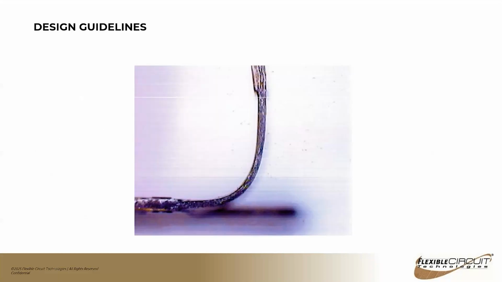So here's an example of a multi-layer circuit. You can see it's on a pretty gradual radius actually, but even that can be a little too aggressive when multiple layers are laminated together and then bent or formed. So there are things you can do about that.